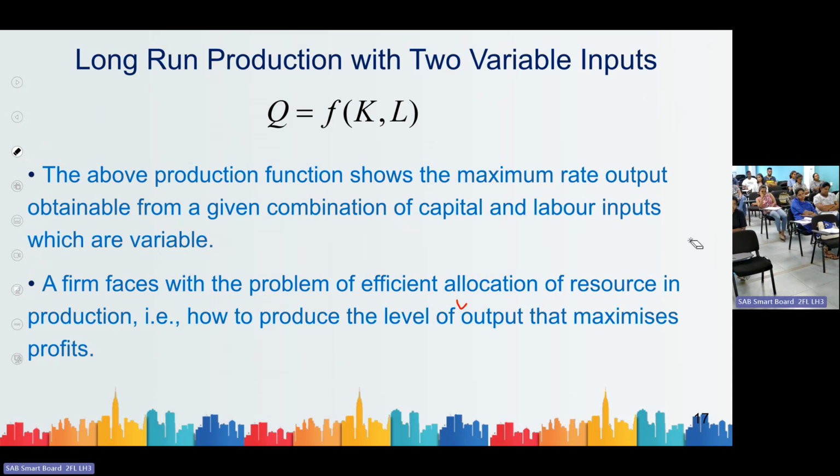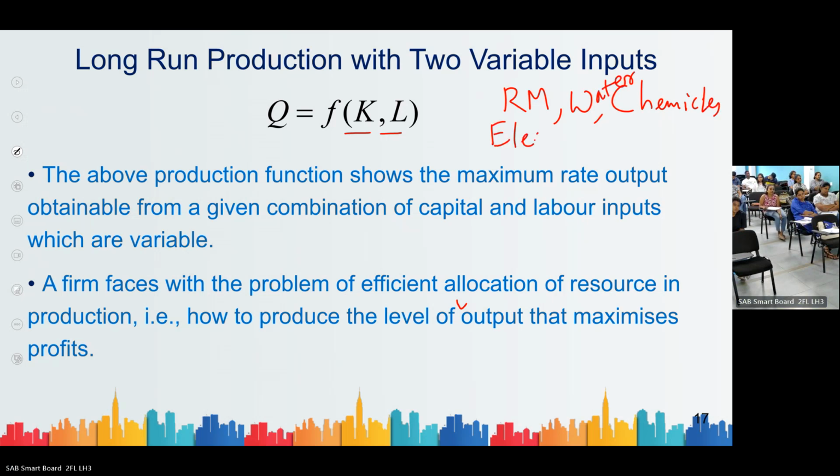Here also for simplicity, we assume a two variable case. We have only capital and labor. That doesn't mean that capital and labor are the only inputs. We can have different types of other inputs as well: raw material, water, chemicals, electricity, others.